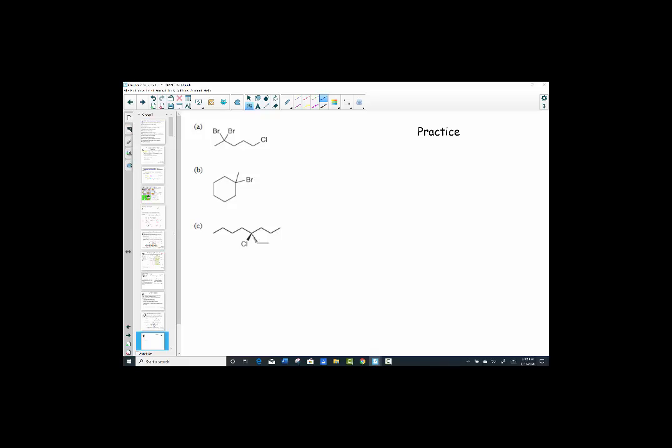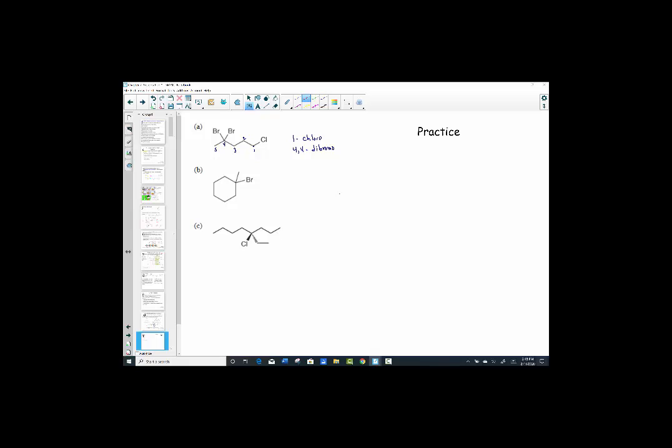All right, well, let's see if we came up with some common answers. I know this has to be carbon 1, 2, 3, 4, 5. Numbering right to left gave me a position of 1 chloro, gave me a position of 4, 4 dibromo.